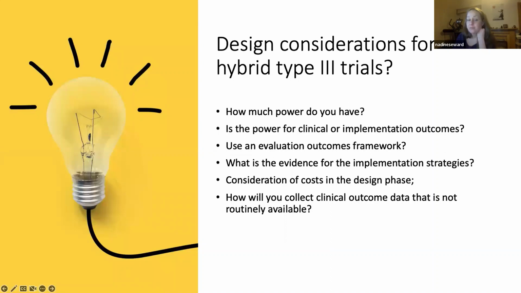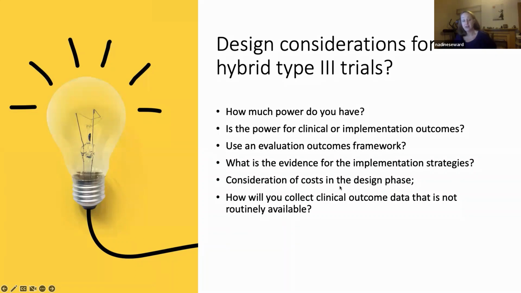So for a type 3 trial, if we're just based on primary implementation outcomes, how much power do we have? That's an important consideration. Do we power for clinical or implementation outcomes? How are we going to use an evaluation outcomes framework? What is our evidence for implementation strategies?